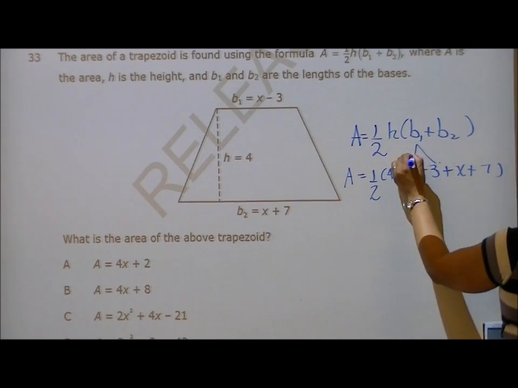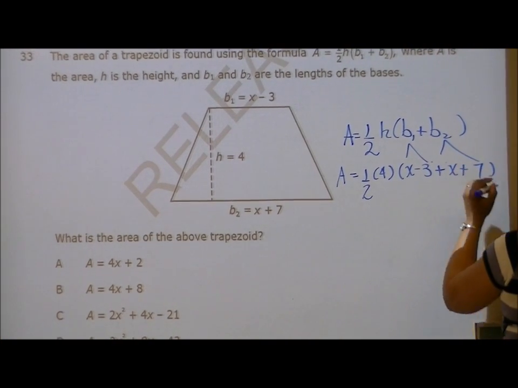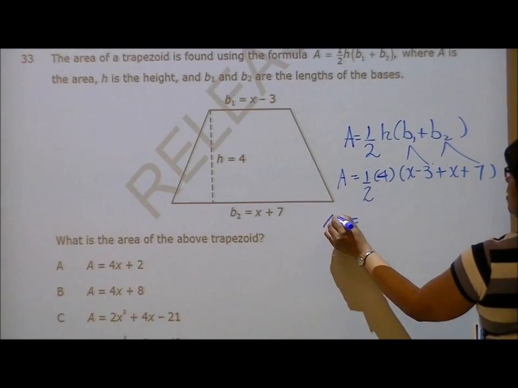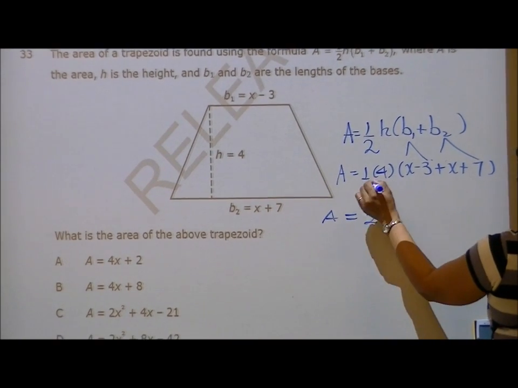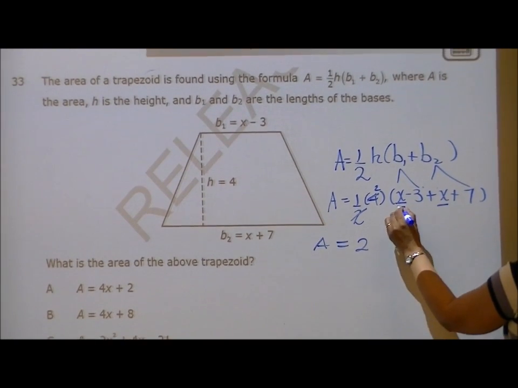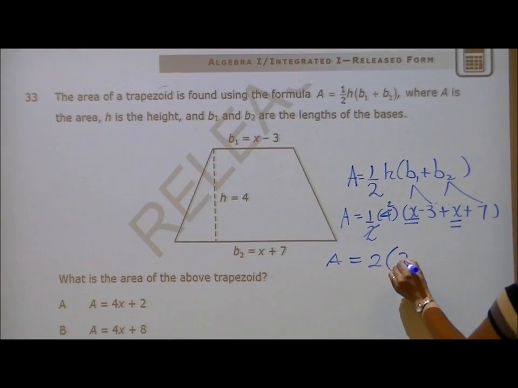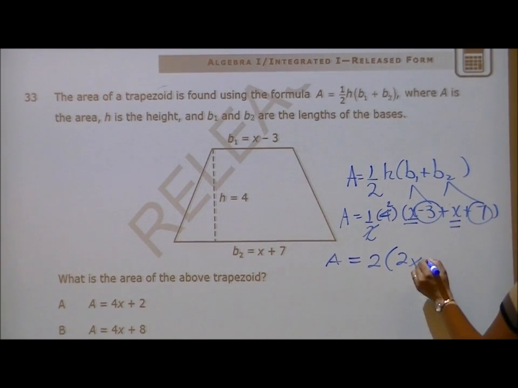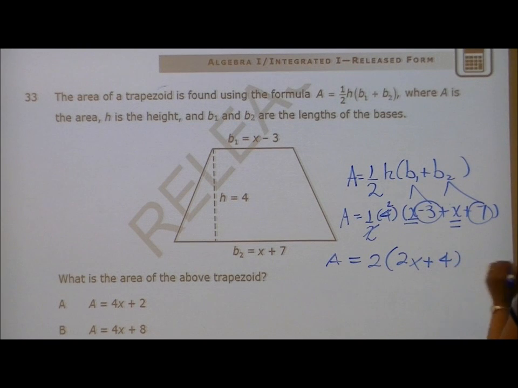You go ahead and plug that in for that, and plug that in for that. And what's half of 4? We know half of 4 is 2, so we just go ahead and figure that out. And then we're going to add our like terms. 1x plus 1x is 2x. Negative 3 plus 7 is positive 4.